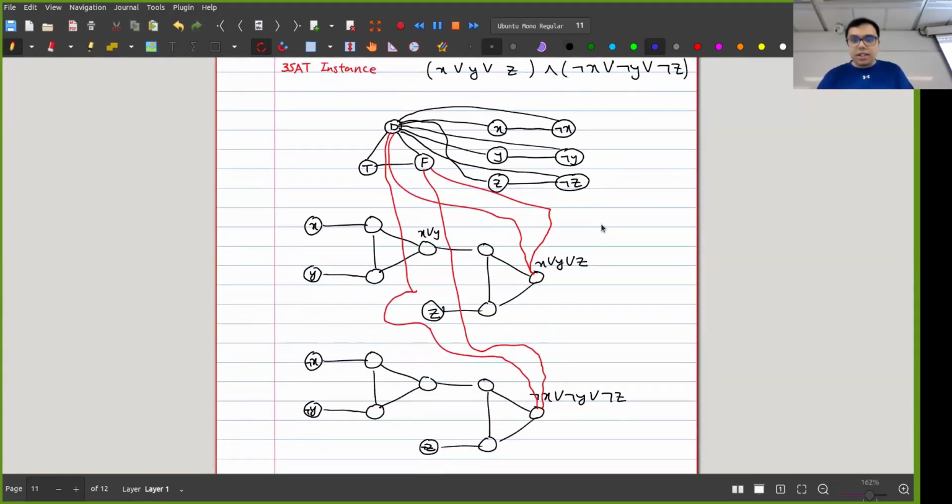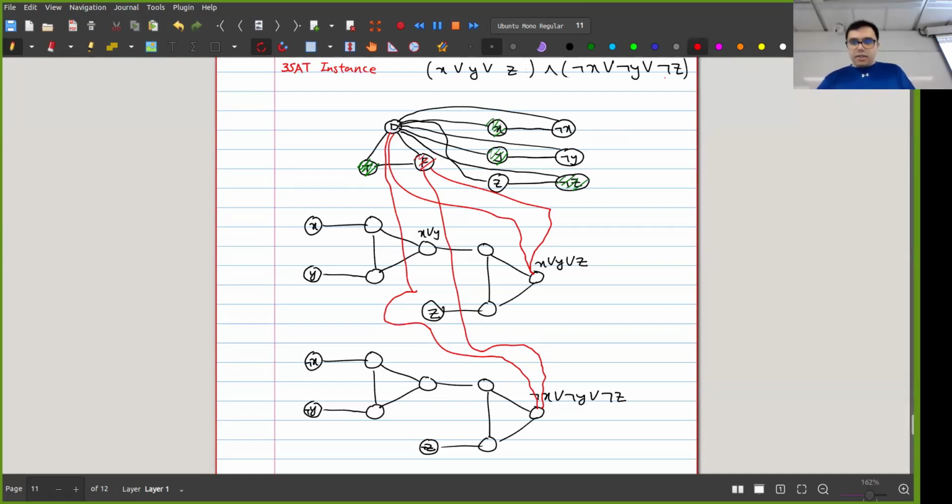So here's a tree coloring. Let me use green for true. And let me use red for false. And I use just nothing for dummy. Okay. So what are the variables that I want to set to true? Let's say I want to set y and not z and x to true.